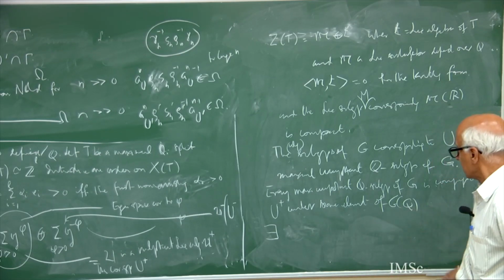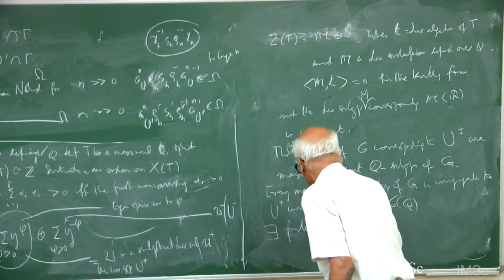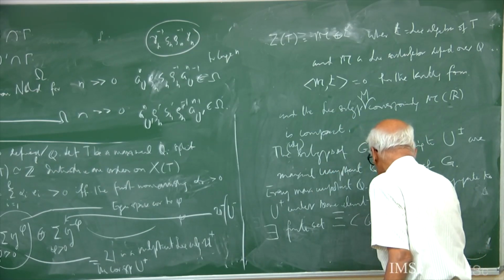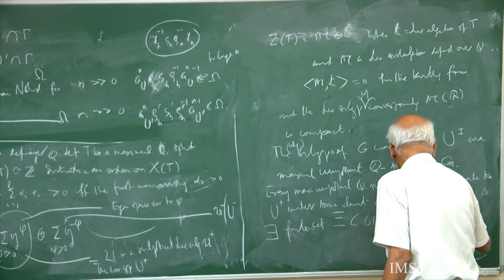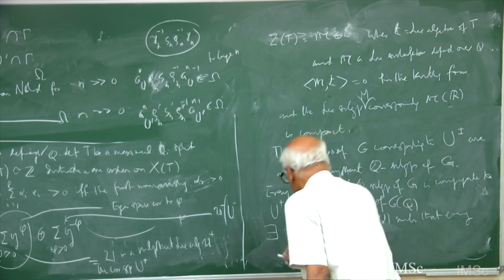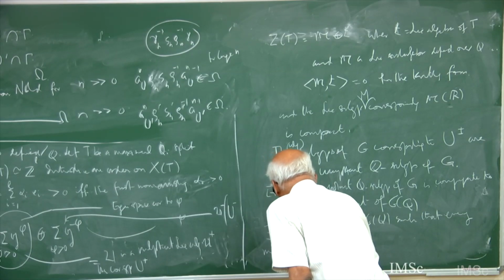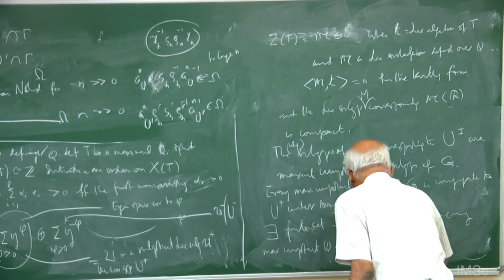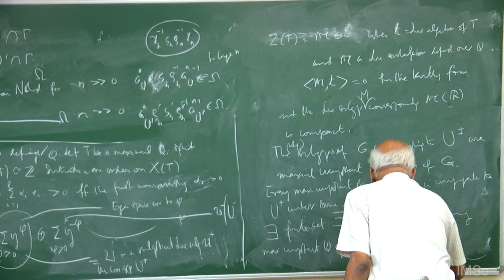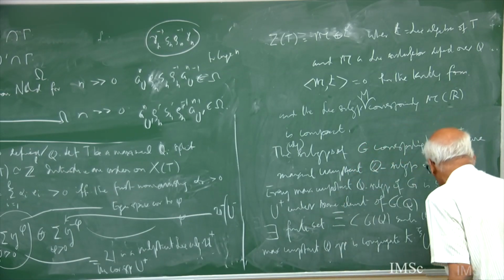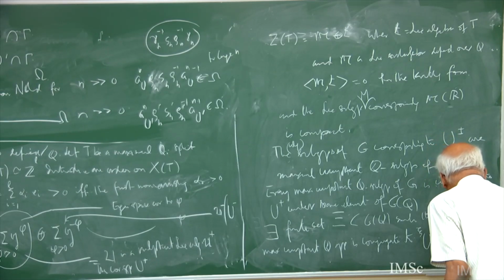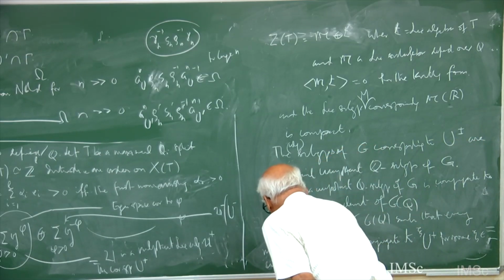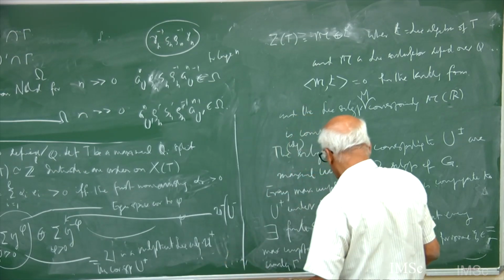Okay. There exists a finite set psi in GQ such that every maximal unipotent Q group is conjugate to psi of u plus for some psi in psi under gamma. I didn't put down gamma. Gamma is an arithmetic group.